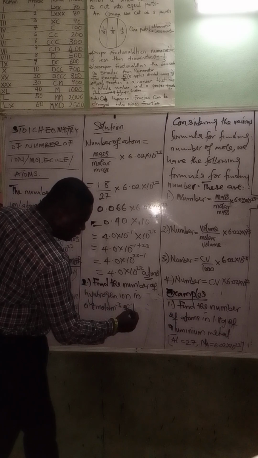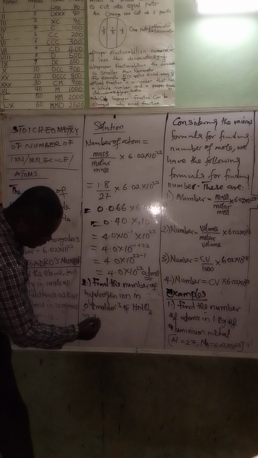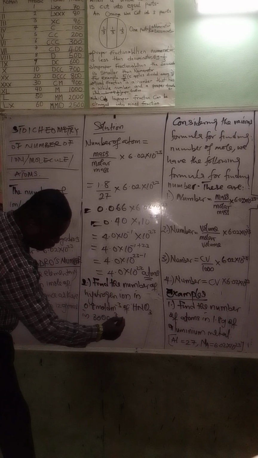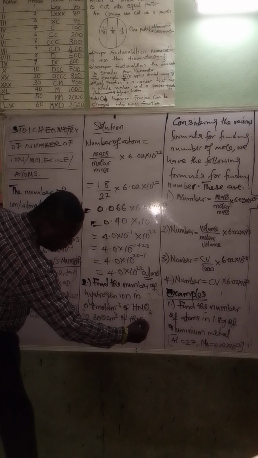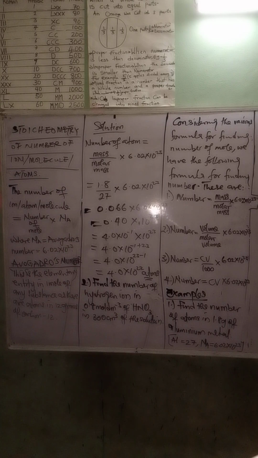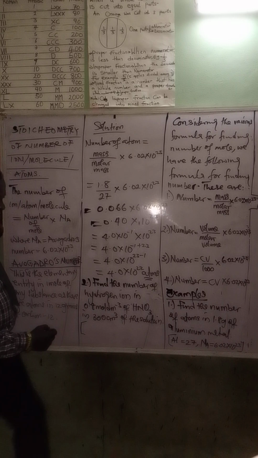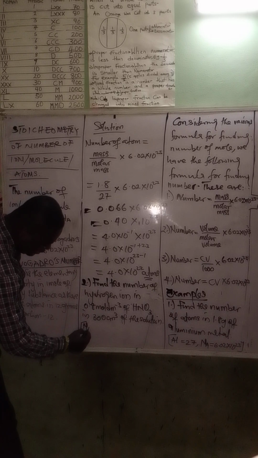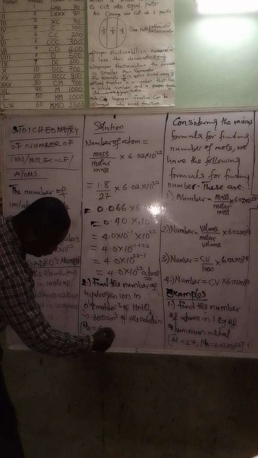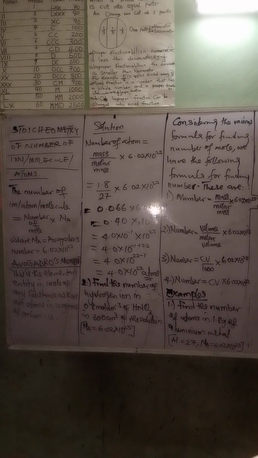Let me use another one, HNO3, in 300 cm cube of the solution. Then I'll be giving Na equals 6.02 times 10 to the power 23. This Na is Avogadro's number from before.